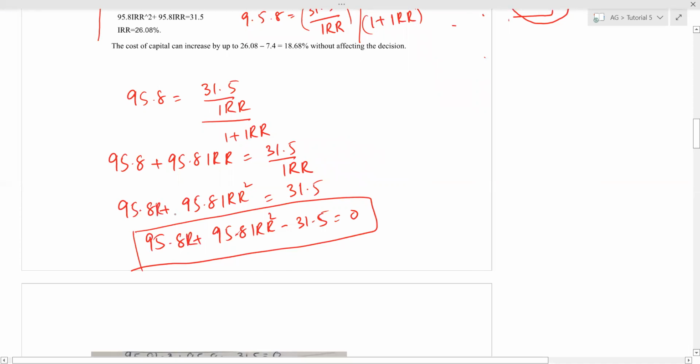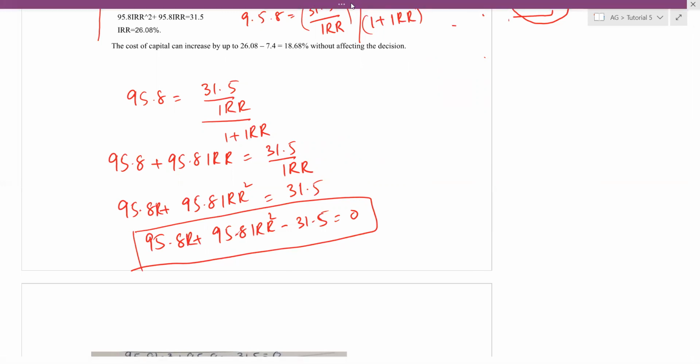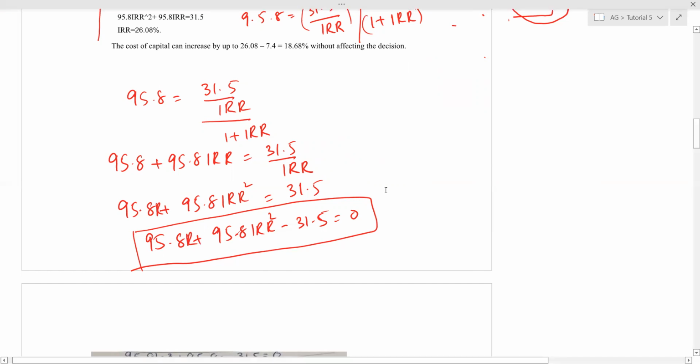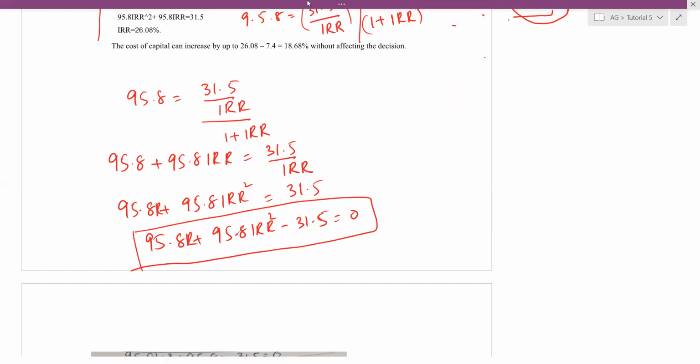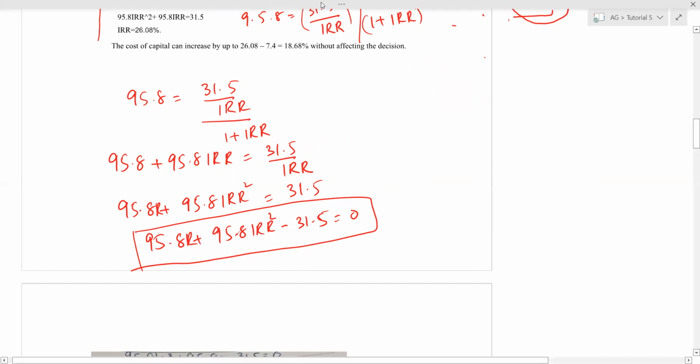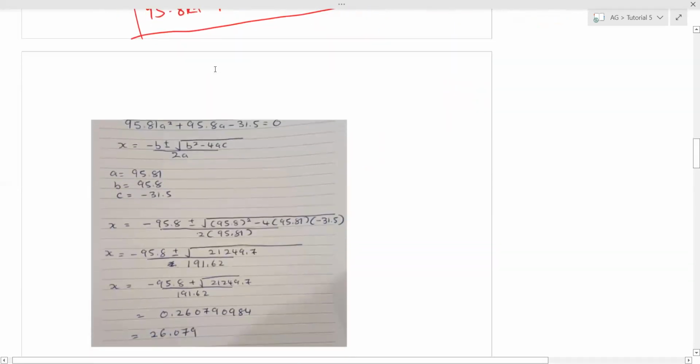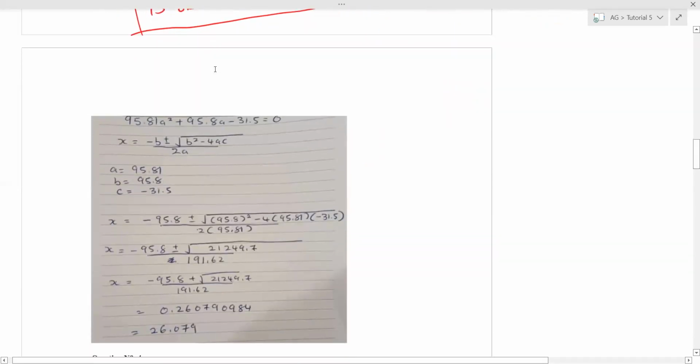Here R means IRR. Since it's a quadratic equation, one of the students actually solved it through the quadratic equation. As you can see, the student has solved it like this: 95.8 IRR square plus 95.8 IRR minus 31.5 is equal to 0.